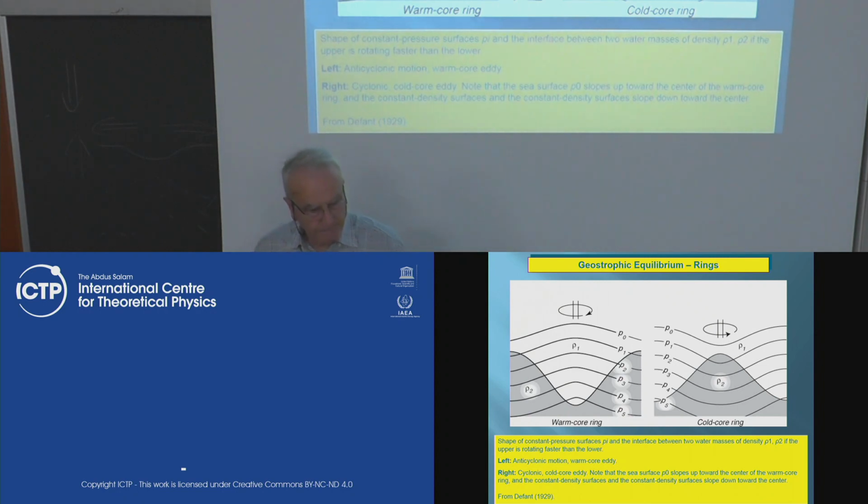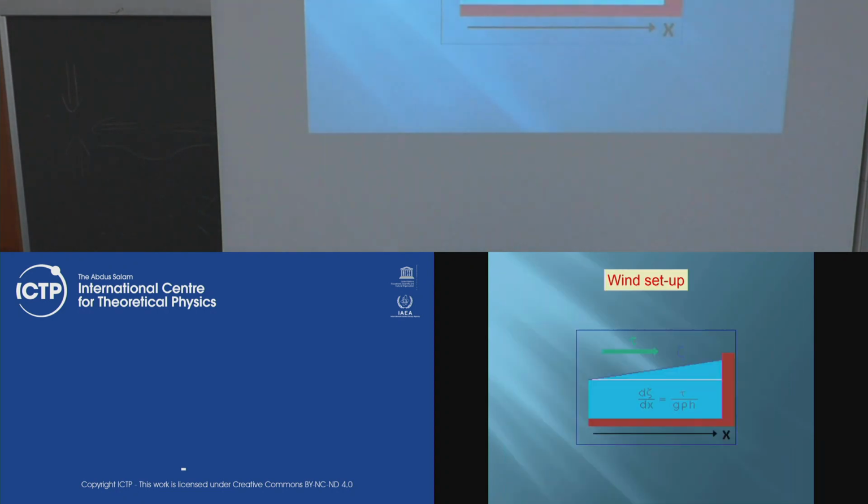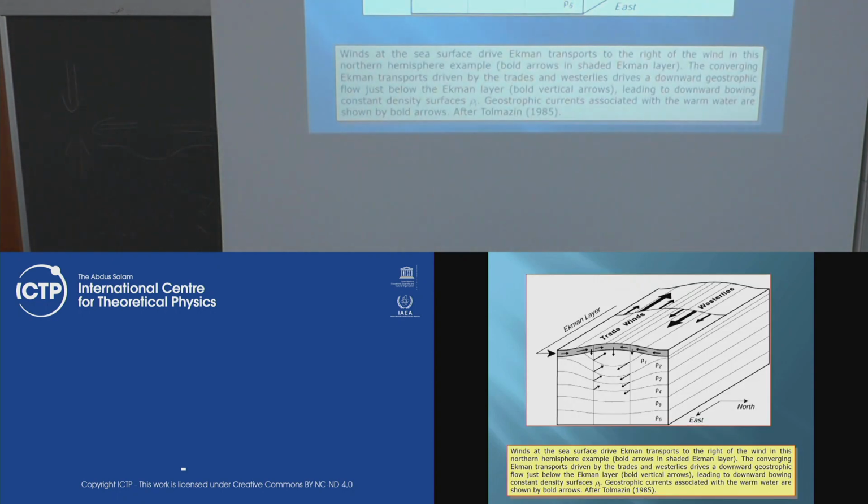This is related to what I was talking to you before, but this is associated to rings, which we will be mentioning next lecture. Remember this, and now it's much more clear. Okay, here is how it looks in a cross section.